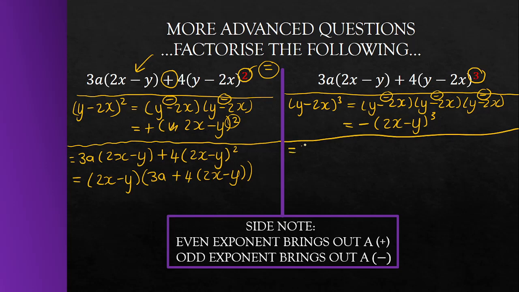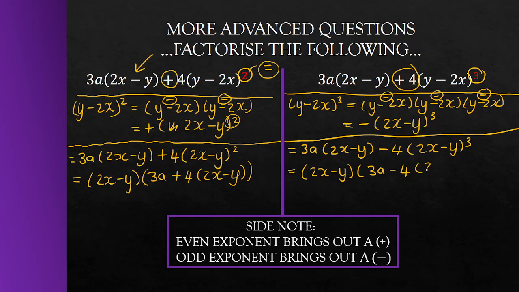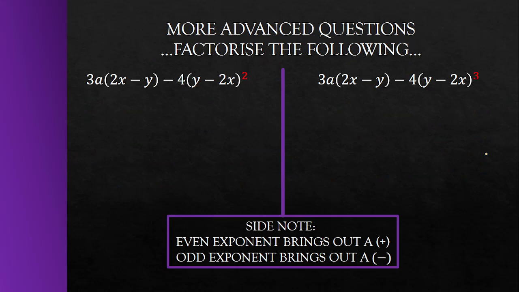So let's go and carry on this. So I've got 2x minus y minus, because now you're multiplying that positive 4 with a minus, and we've got 2x minus y cubed, and let's carry on factorizing that by grouping. We can only take out one of those brackets, and I have 3a minus 4 2x minus y, and we still have 2 left over there. Great. Okay, now let's, same questions.